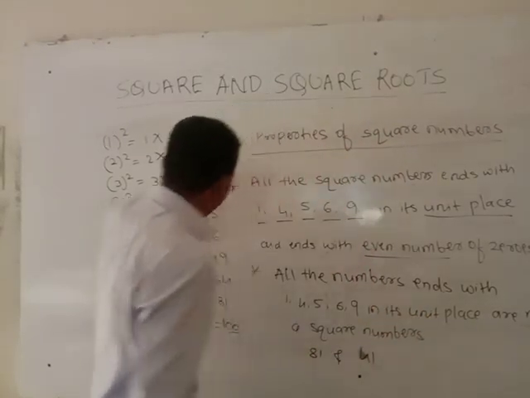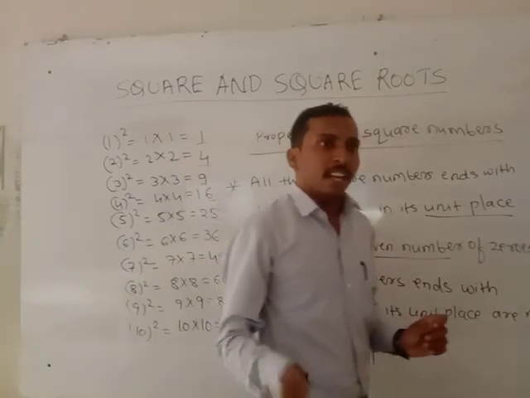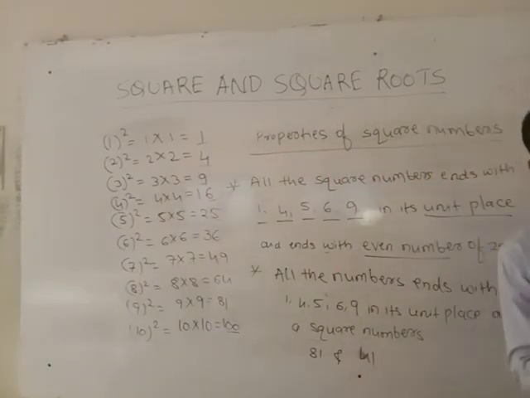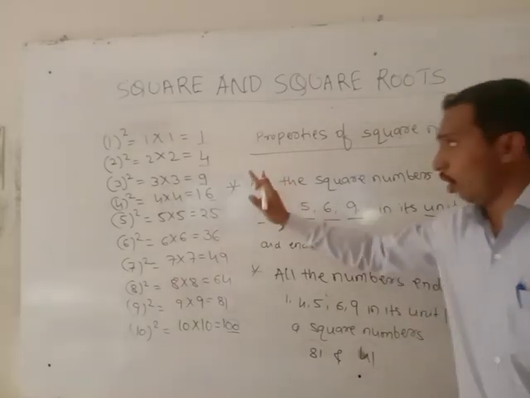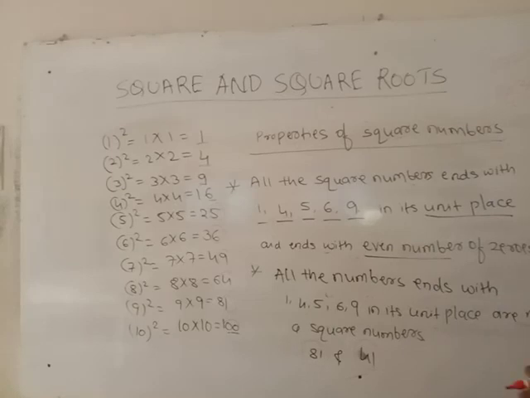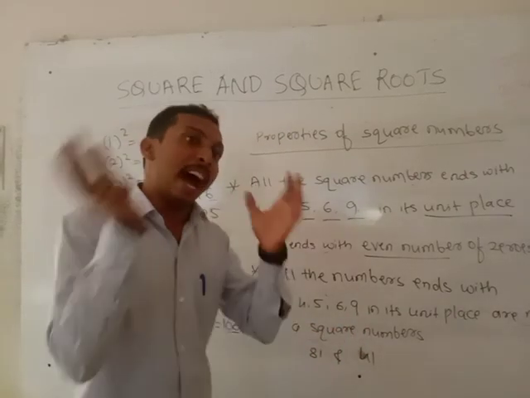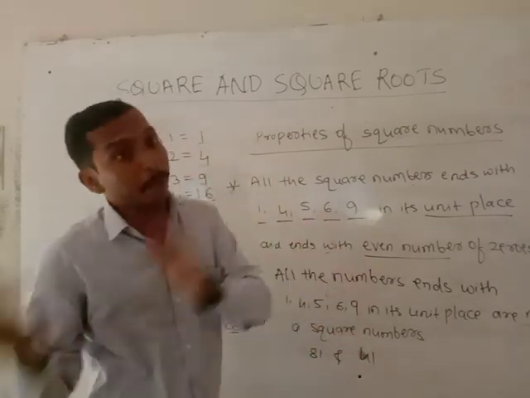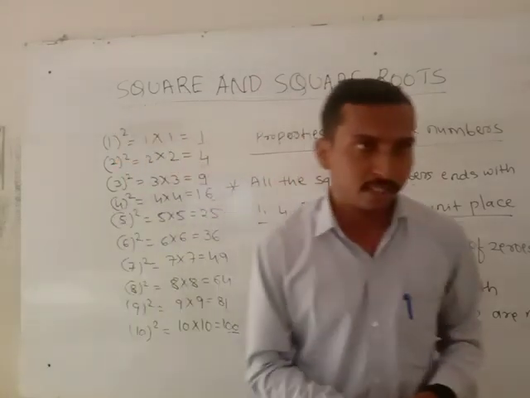If the numbers have 0, 2, 3, 7, 8 in the unit digit, are they perfect squares or non-perfect squares? That we will discuss in tomorrow's class.